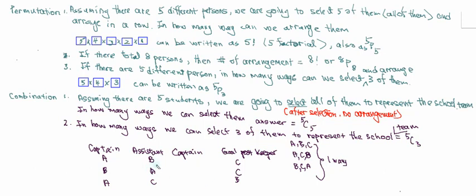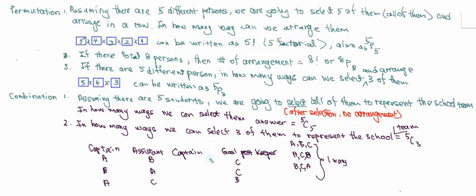Now you can see here, if this is the additional condition, then even though you select the same people, because you assign them to different positions, this actually becomes a permutation question. Okay, if you don't have this condition in the selection, then it's a combination question.